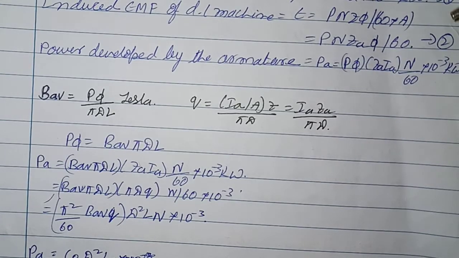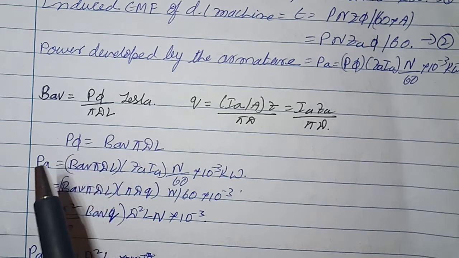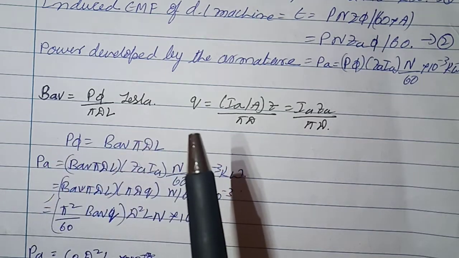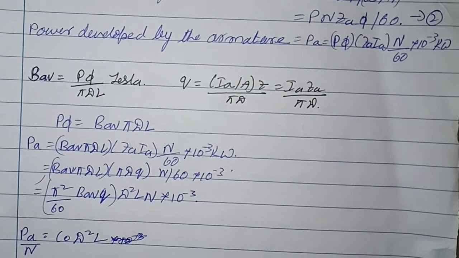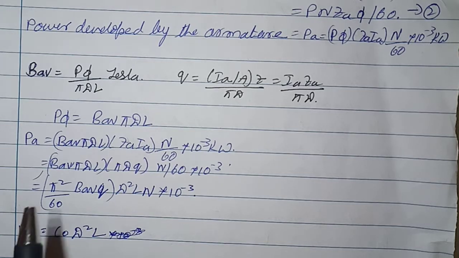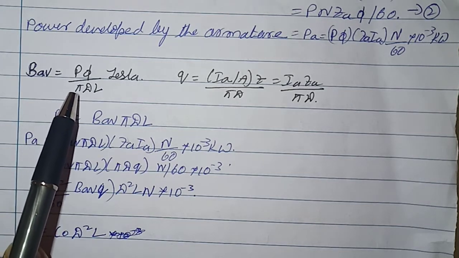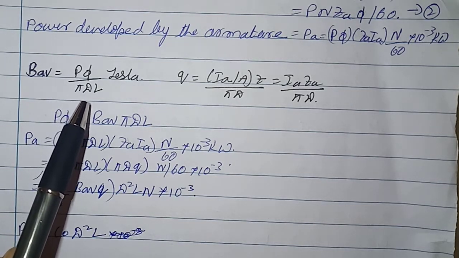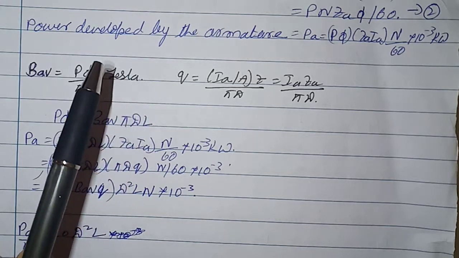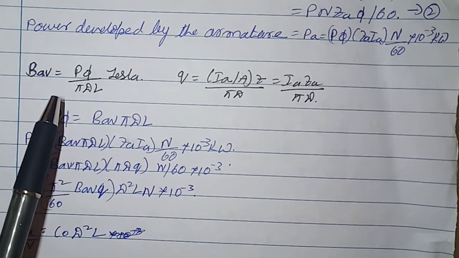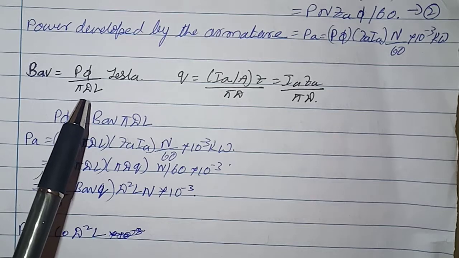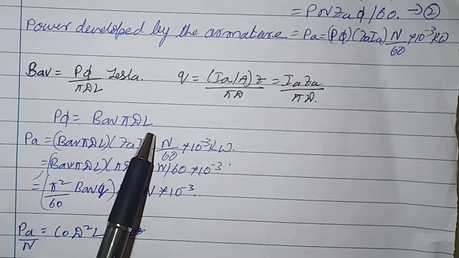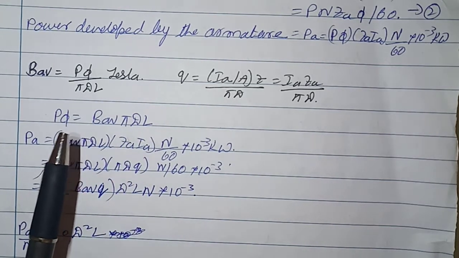The definition of these two and how we got this equation, we will see in the next part. From Bav equals P phi by pi D L Tesla, P phi will be equal to B average into pi D L.